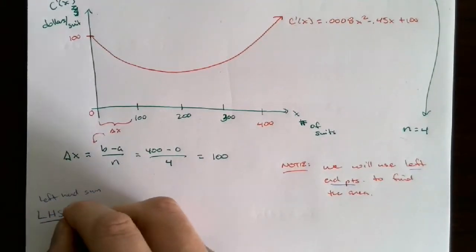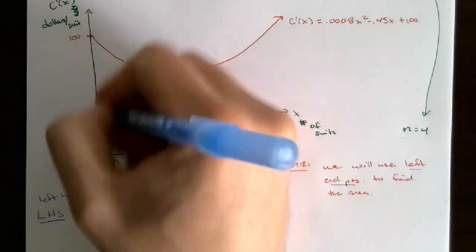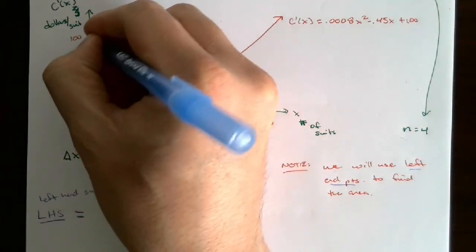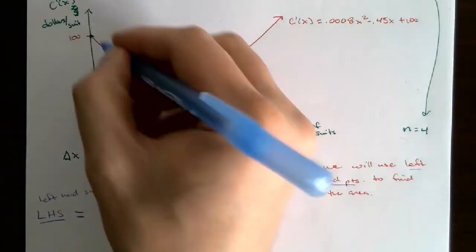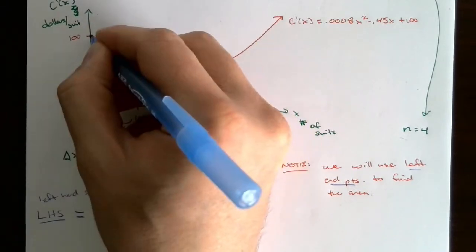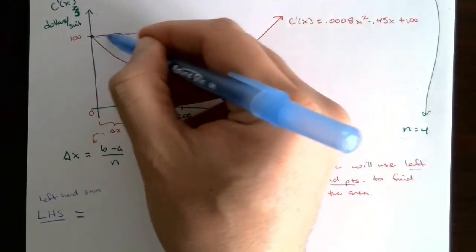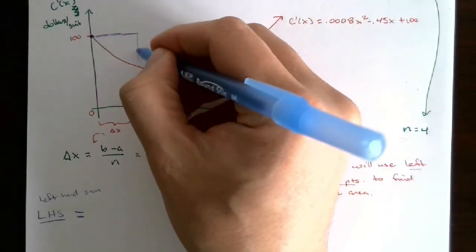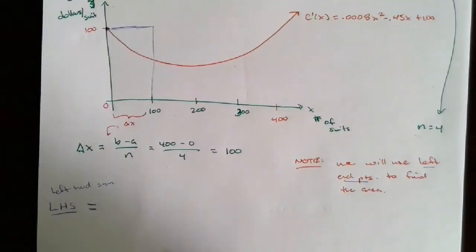I'm going to come up with this through a formula, but I want to make sure we see it. The x value at 0 has a y value which is c prime of 0. We're going to draw our rectangle from our left endpoint, using the y value at 0 because we're using the left-hand side. We're starting at 0, coming to here, and then going down to 100. I want to find the area of this rectangle.